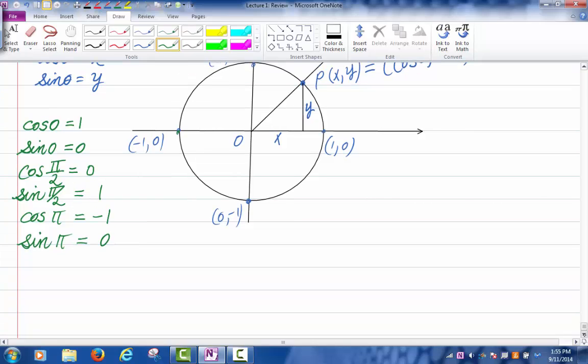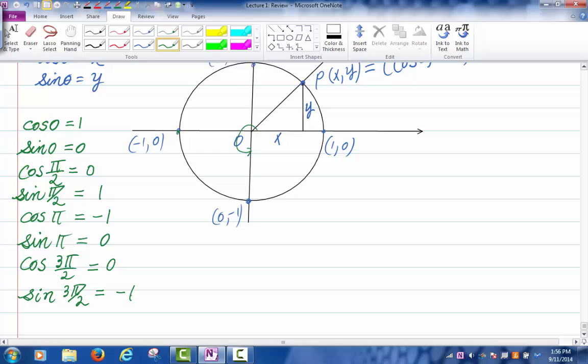And also we can write down what is cosine 3 pi over 2. Well, that means we have this angle here, and the terminal side is the negative y-axis, so we get the point (0, -1). So we see that cosine would be 0, and then sine of 3 pi over 2 would be -1.